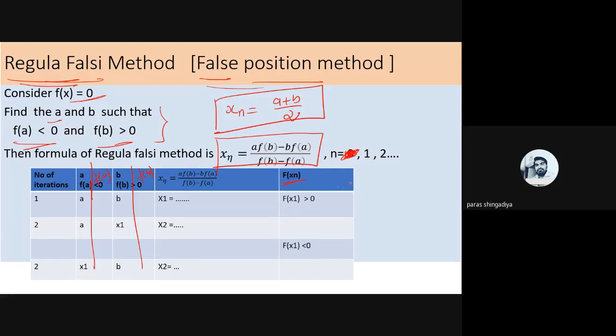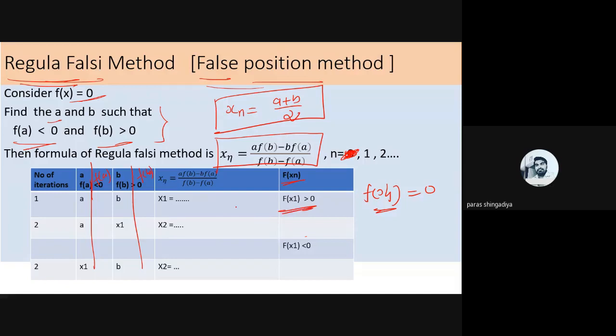If it is 0, then it is our answer. Suppose f of x1 comes out as 0, then there is no need to find the next iteration; you can consider this the solution. But if it is non-zero, then there are two possibilities: either it is positive or negative.